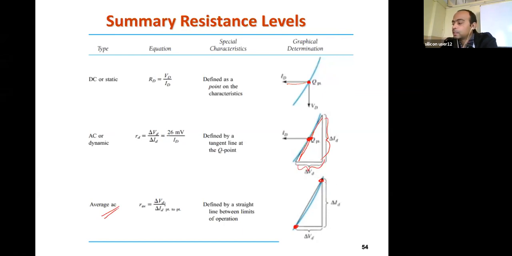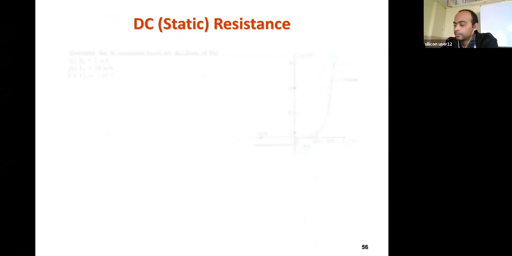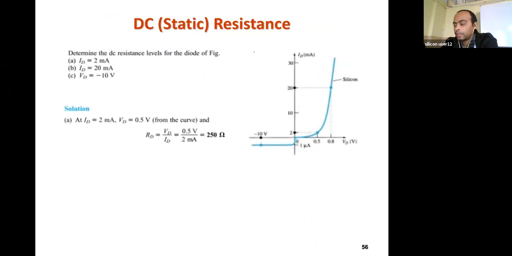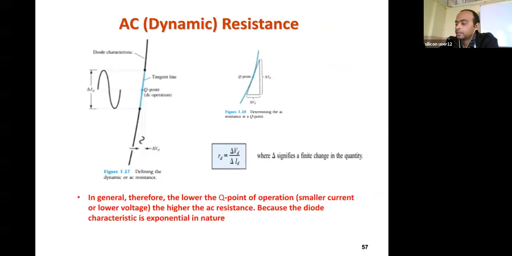We had seen one problem based on the DC resistance, and another problem based on the AC resistance. The DC resistance problem we have already seen and calculated. For the AC resistance, if this is the point of operation, we take the slope at this particular point.